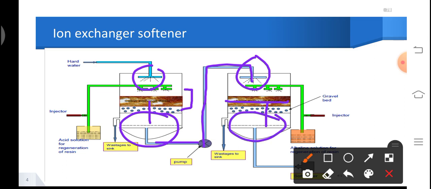Protons and hydroxyl ions together combine to form water. So in this way, the water is now free from cations causing hardness as well as anions causing hardness. This is the reason why we call this process the deionization or demineralization process, because here the minerals are totally removed and water equivalent to distilled water is obtained at the end.